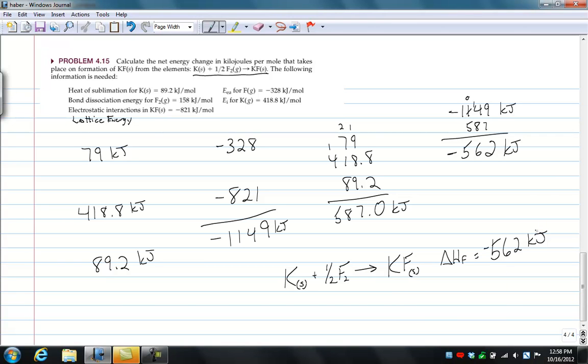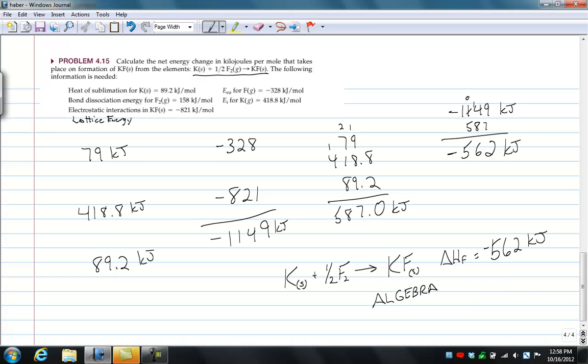Now, for any other problem where one of these other steps is missing, we know that the sum of all of these is that delta H of formation. So if they give us the delta H of formation, but we're missing one of these 5 parts, then we're going to be able to solve for that. Because from there, we can just count on algebra.